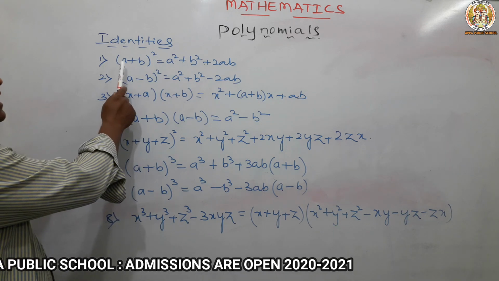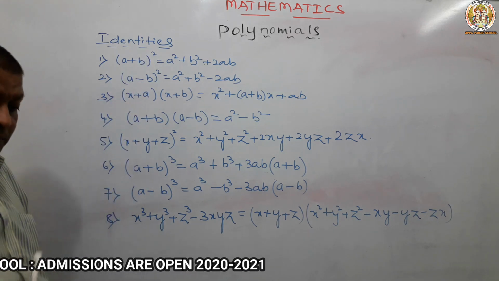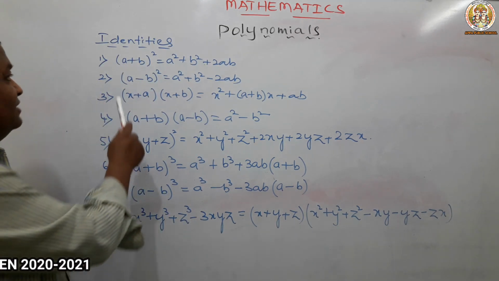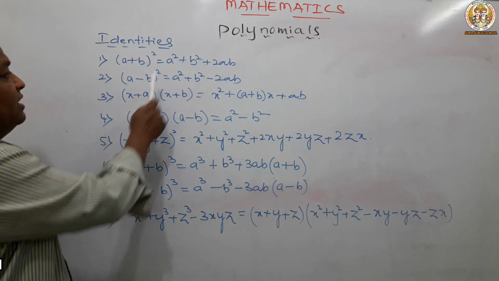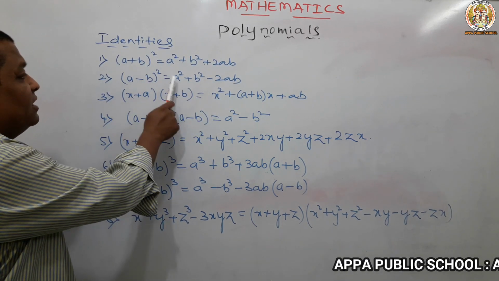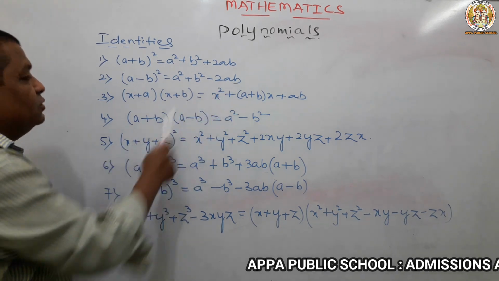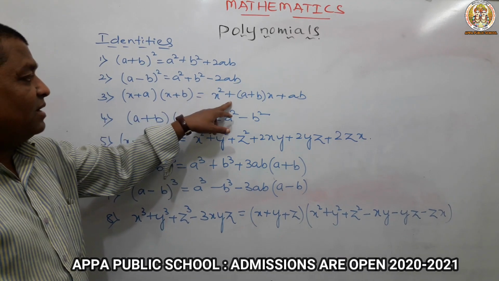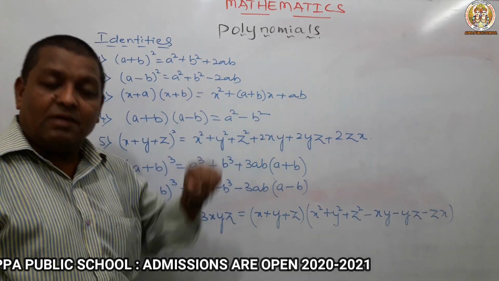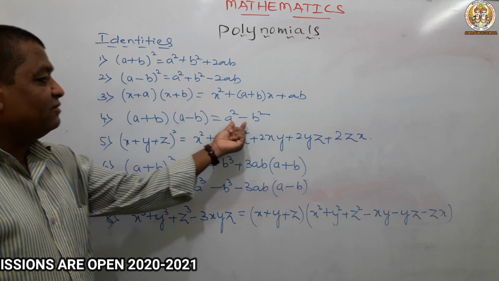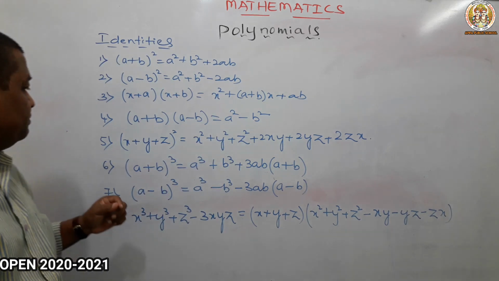First one, a plus b whole square. Everybody knows this, the first formula of a student's life in algebra. a plus b whole square is a square plus b square plus 2ab. a minus b whole square is a square plus b square minus 2ab. x plus a into x plus b is x square plus a plus b into x plus ab. a plus b into a minus b is a square minus b square.